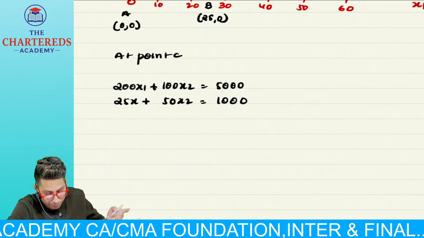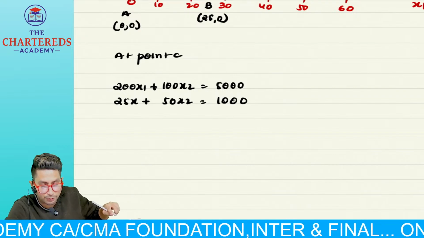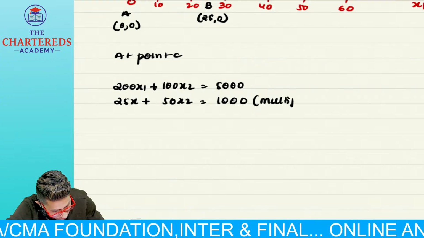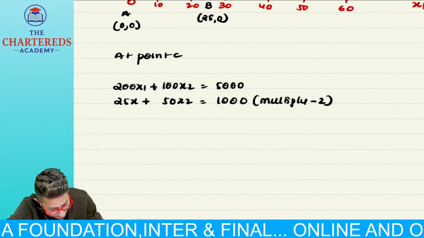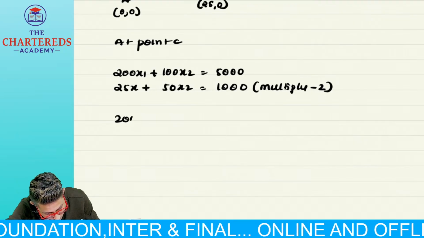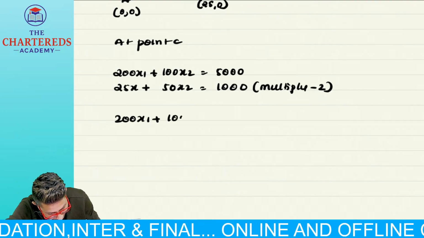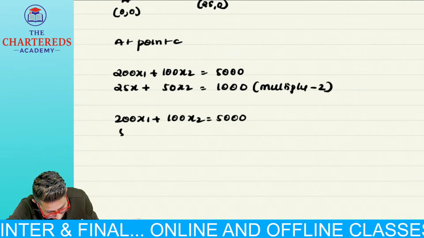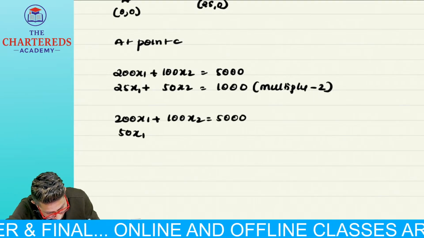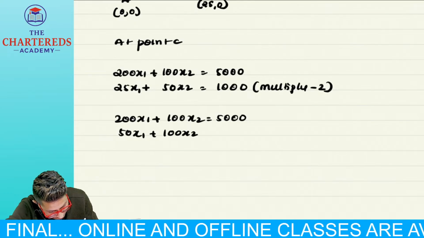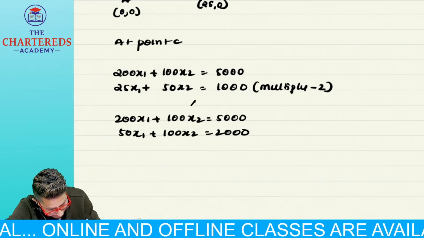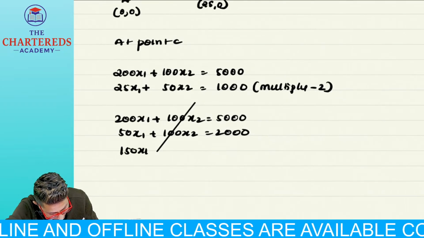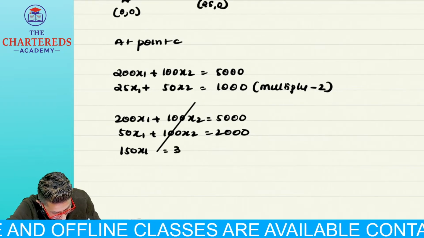So I'll multiply the second equation by 2. In that case, I will get 200 x1 plus 100 x2 is equal to 5000, and here it will be 50 x1 plus 100 x2 is equal to 2000. This is gone. So it will be 150 x1 is equal to 3000.